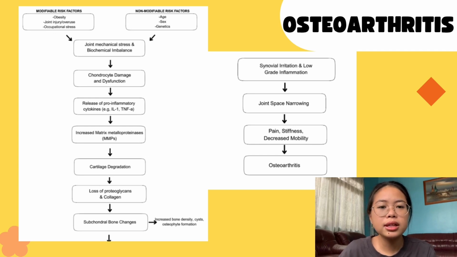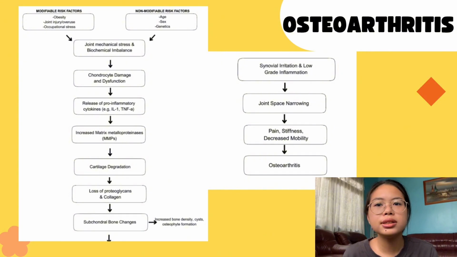These factors lead to joint stress and biochemical imbalances that damage chondrocytes, the cells responsible for maintaining cartilage. This triggers the release of pro-inflammatory cytokines like IL-1 and TNF-alpha, increasing enzymes called MMPs that degrade the cartilage.